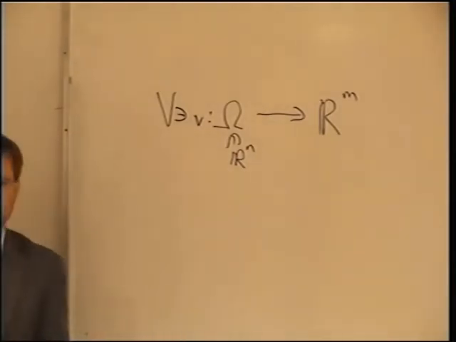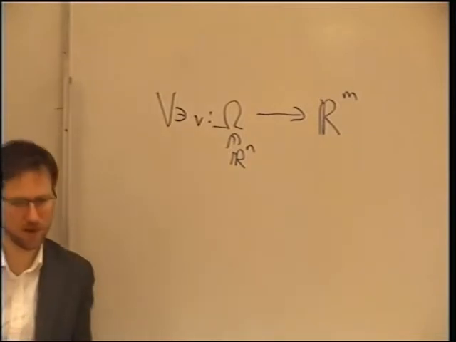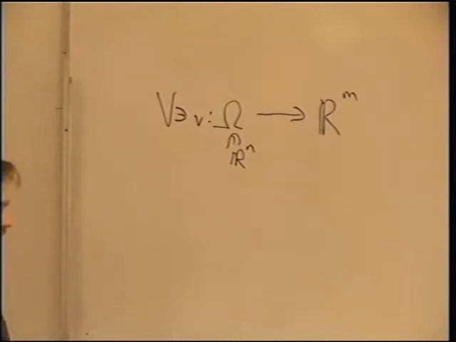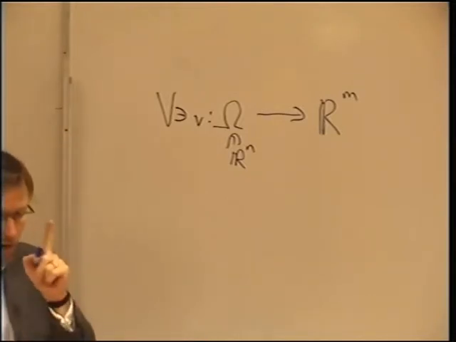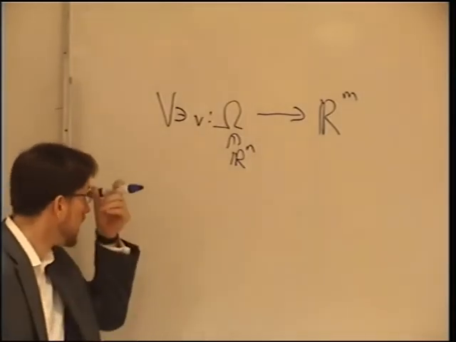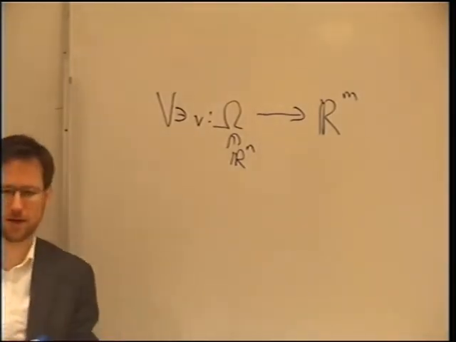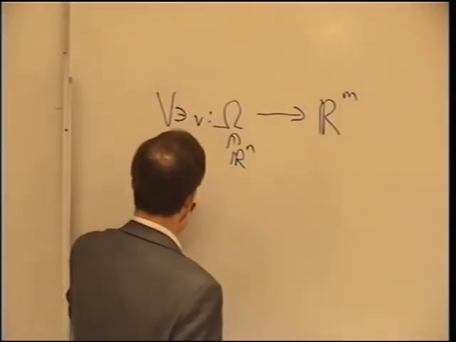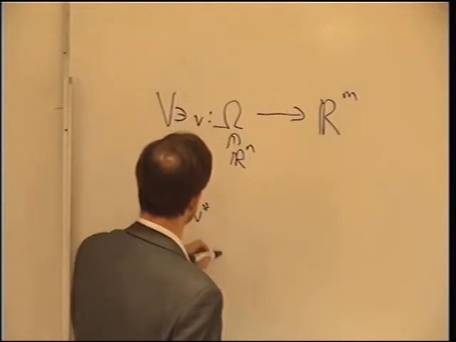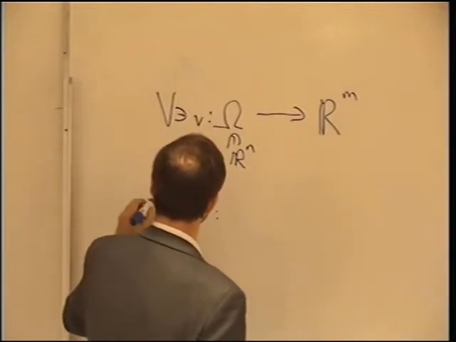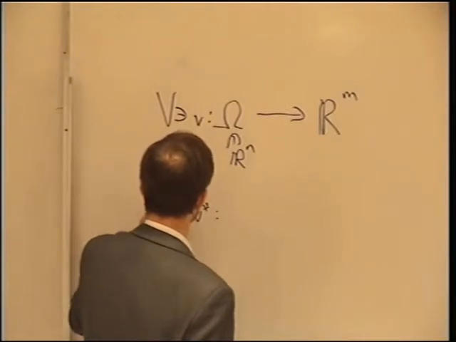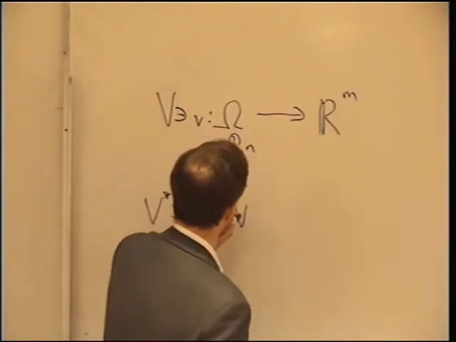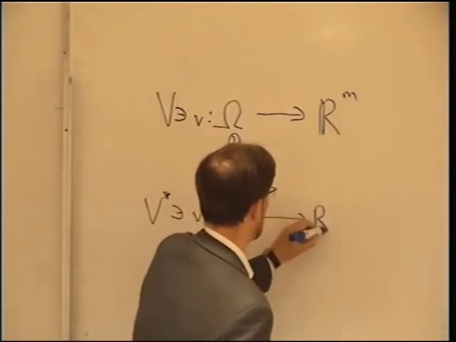So now we're going to introduce the concept of a functional. A functional is a function from some space onto the reals, R1 in this case, that are real valued functionals. And the case that we're interested in, for reasons that will become obvious, I'm going to call this space V star, and things which are in V star map from V to the reals.